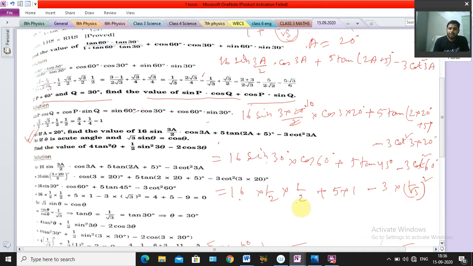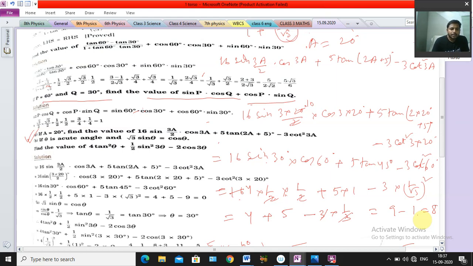Okay, next, so cancel it here. 2 to the 4 here, 4 and 16, that means 4 will come. So ultimately 4 we are getting here plus 5. Okay, minus 3 into 1 by root 3 whole square means what, sir? 1 by 3. Okay, so 3 will be cancelled. That means 9 minus 1 equal to 8. Okay, 9 minus 1 equal to 8 we are getting.